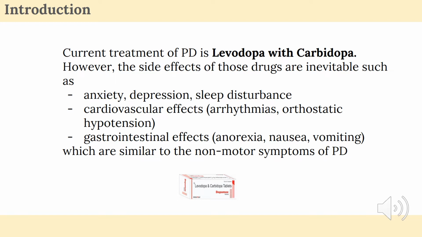As you can see here, the side effects of levodopa with carbidopa are similar to the non-motor symptoms of Parkinson's disease. So we can say that levodopa with carbidopa, the treatment of Parkinson's disease, can also cause the side effects which are non-motor symptoms of Parkinson's disease.